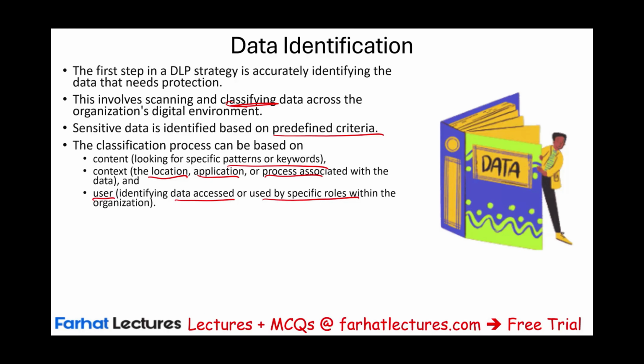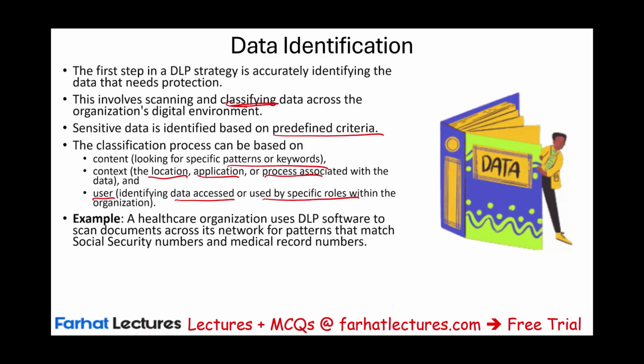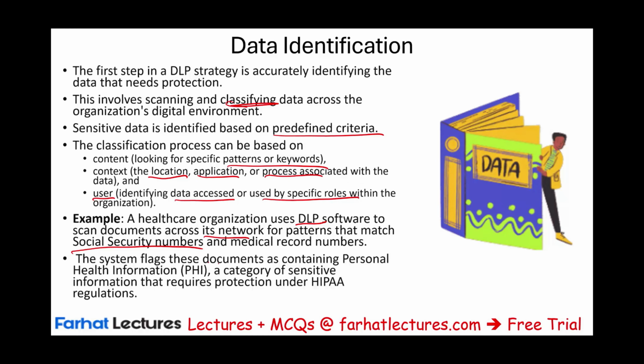For example, a healthcare organization uses DLP software to scan documents across its network for patterns that match social security numbers and medical record numbers. So the system flags documents containing personal health information as a category of sensitive information that requires protection under HIPAA.